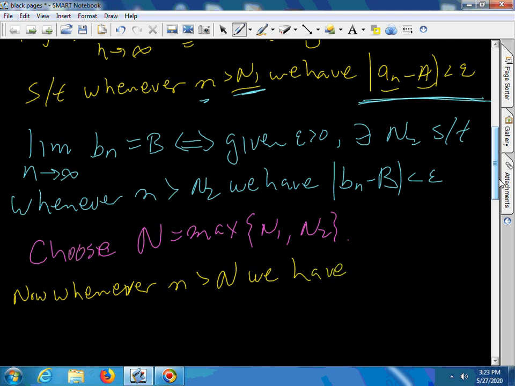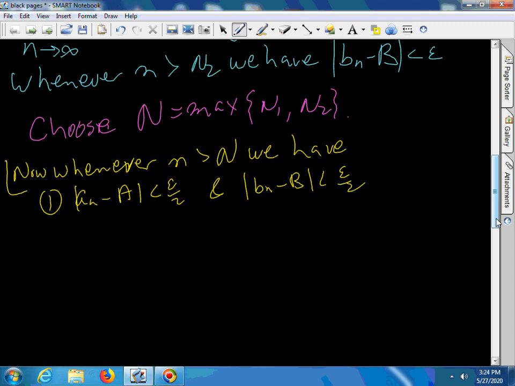We have that, one, a sub n minus a is small. Let's say epsilon over 2. I'm anticipating the over 2, so when I add, I'll just get epsilon. Epsilon over 2 plus epsilon over 2 is epsilon. And the b_n minus b is also less than epsilon over 2. So I'm only talking right now about when n is bigger than capital N.